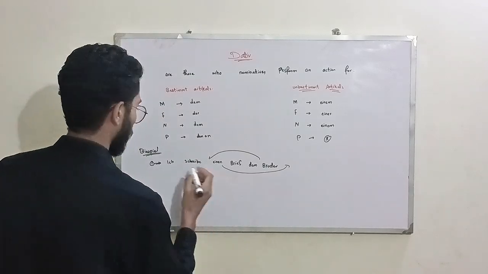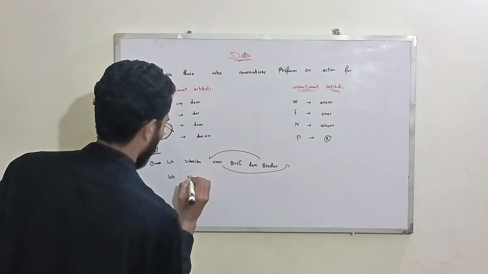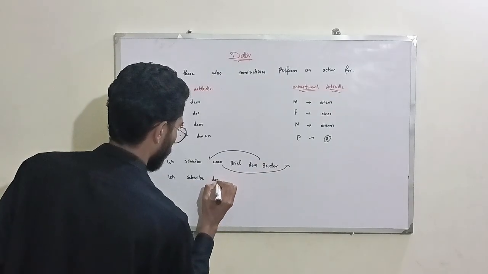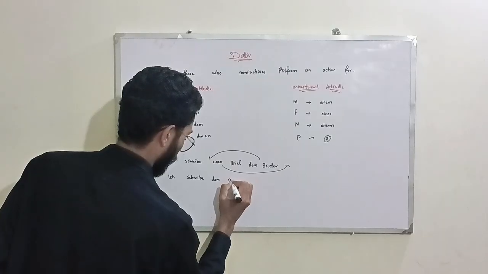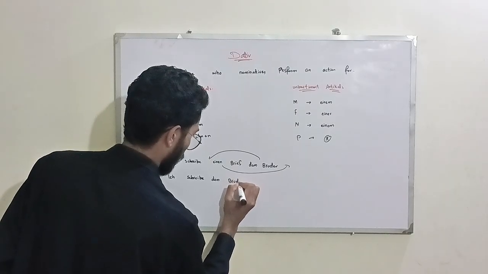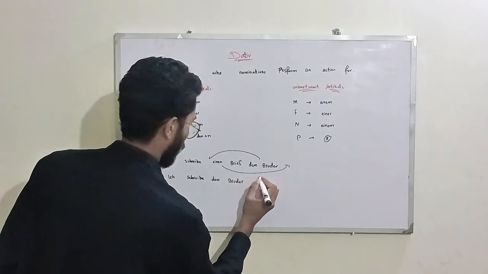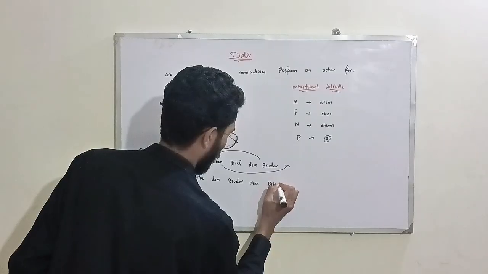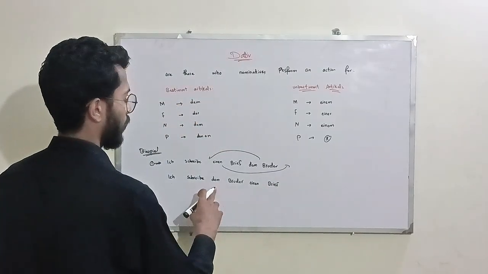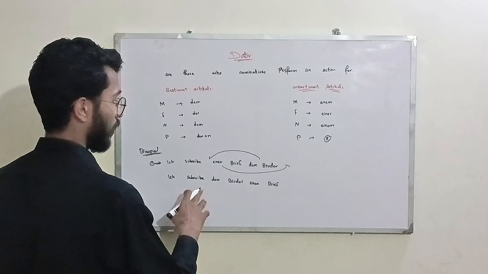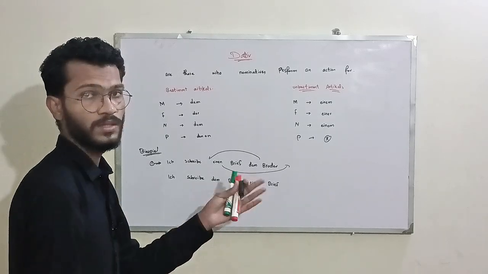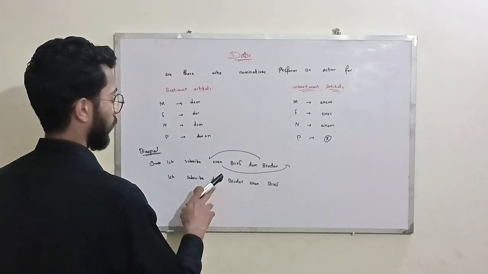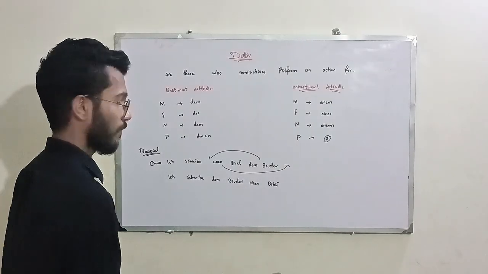So the sentence structure is: ich schreibe dem Bruder einen Brief. I write a letter to the brother. Ich schreibe dem Bruder einen Brief. First comes the dative form, then the accusative form.